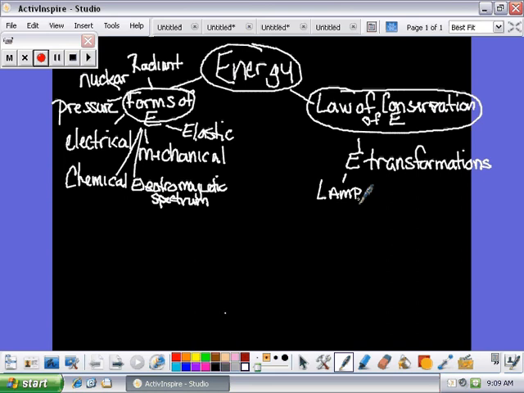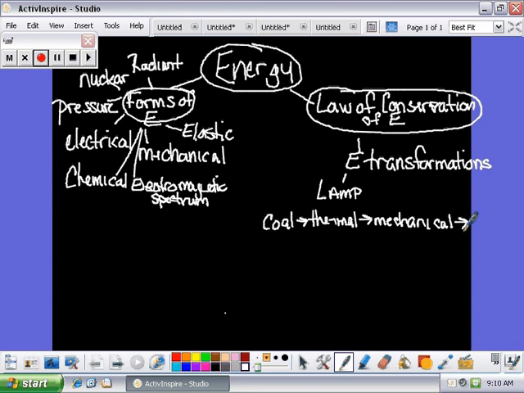Okay, so we can actually make this really long. What happens to the coal? Burned, so it's turned into thermal. Then it's turned into mechanical, because it turns the turbine from the heat that heated up the water that created the steam to turn the turbine.